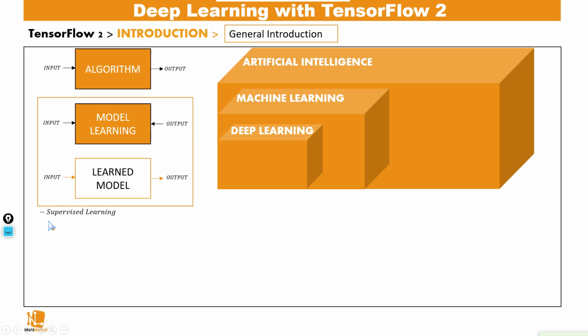Whereas with unsupervised learning, we don't have these outputs during training. So we just pass in the inputs and the model learns from these inputs. This turns out to be very interesting in cases where getting the outputs is quite tedious.